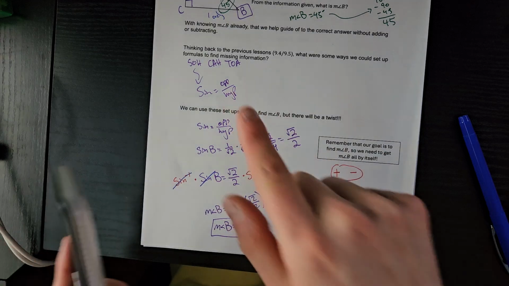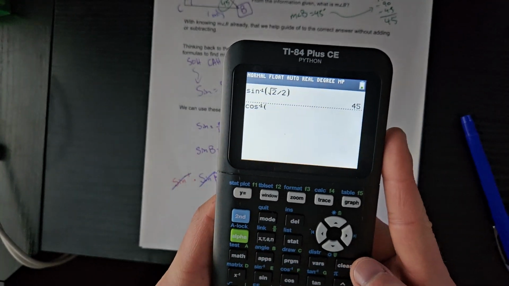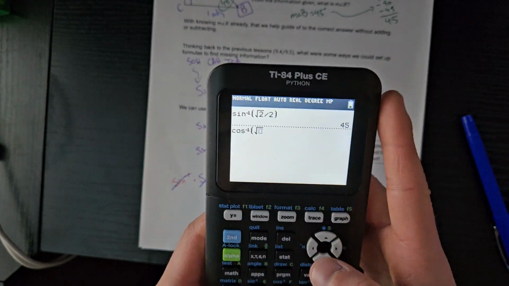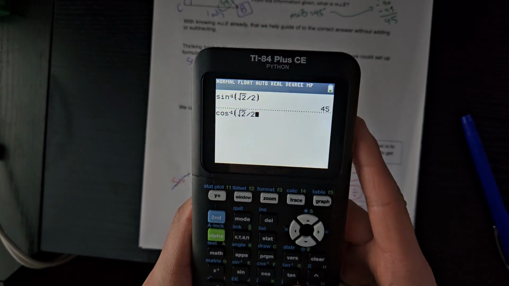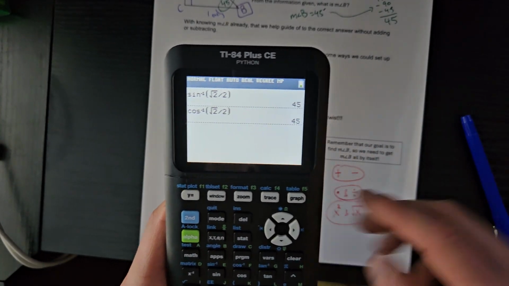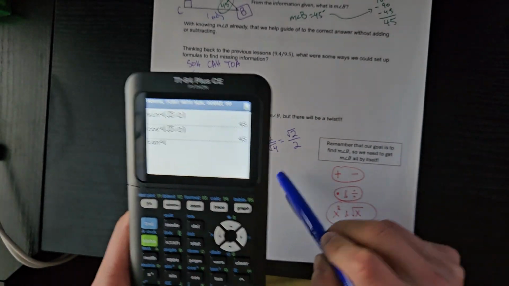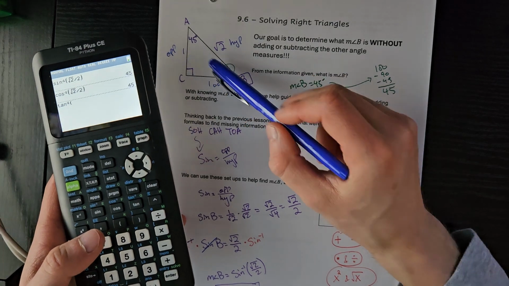Now, I believe if we did cosine, we'd end up with square root of 2 over 2 still. So we can type that in and see if we get 45. You get 45. Now, the inverse tangent version of this, given the tangent function, would be opposite over adjacent.